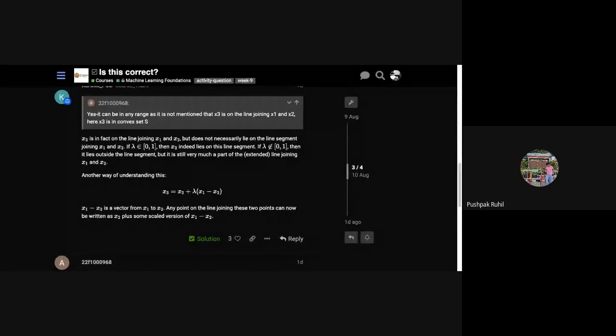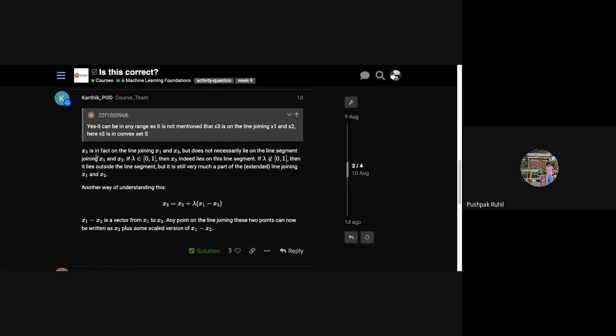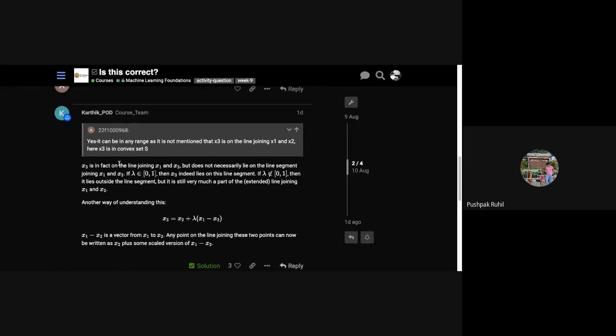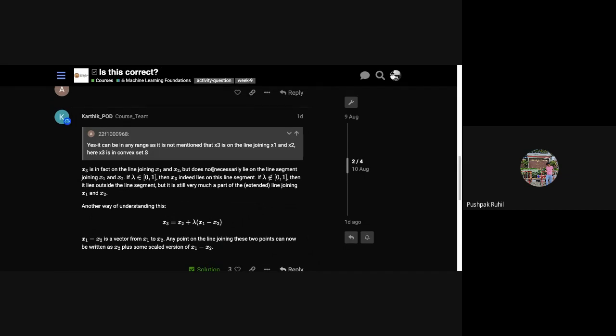Basically, what Karthik sir is trying to explain is that x3 is in fact on the line joining x1 and x2. It does not necessarily mean that it is on the line segment joining x1 and x2. You can have 2 points x1 and x2, and you can extend the line outside as well.